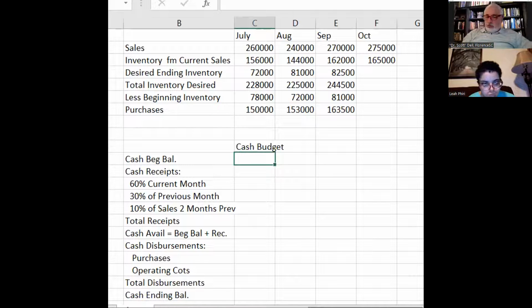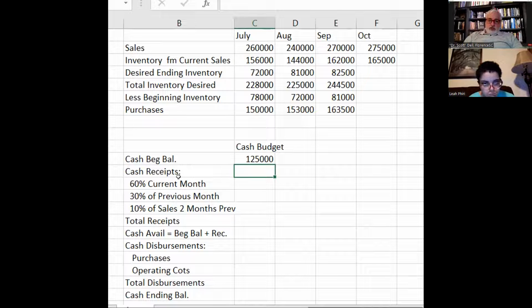Yes, sir. Yep, that's what it says. So let's go ahead and pop that beginning balance in there. Okay, and now let's figure out what our cash receipts look like.